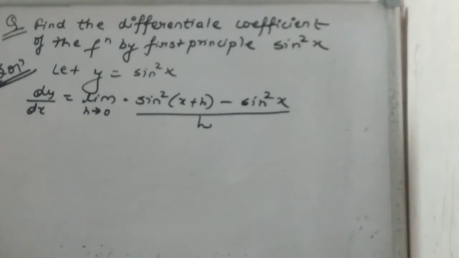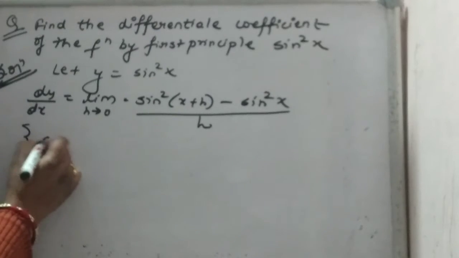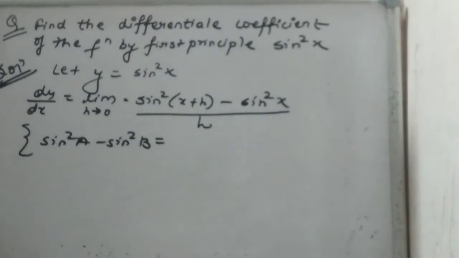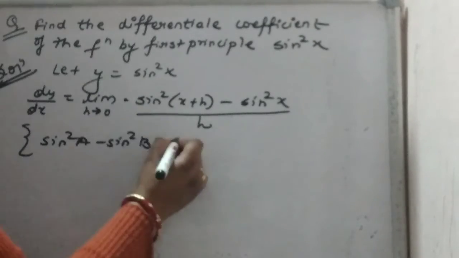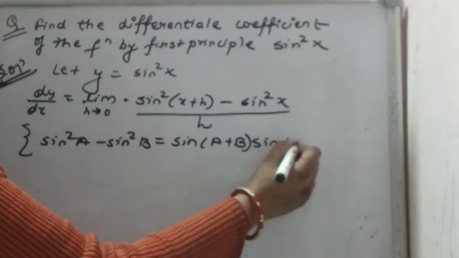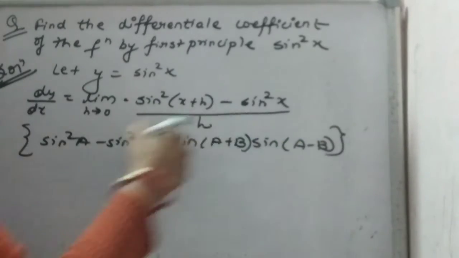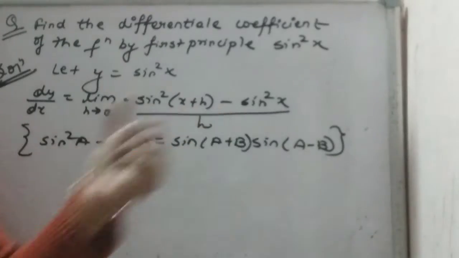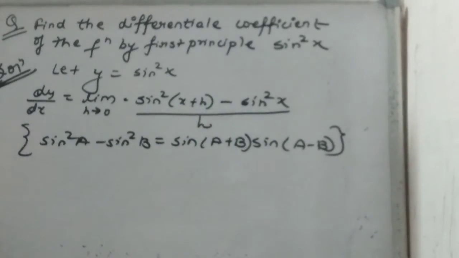Now the second thing, this is in the trigonometrical formula: sine square a minus sine square b. The answer will be sine a plus b, okay, and sine a minus b. This is the formula, so we can use it here. In place of a and b, what is given? x plus h and x is given. That we can use easily.